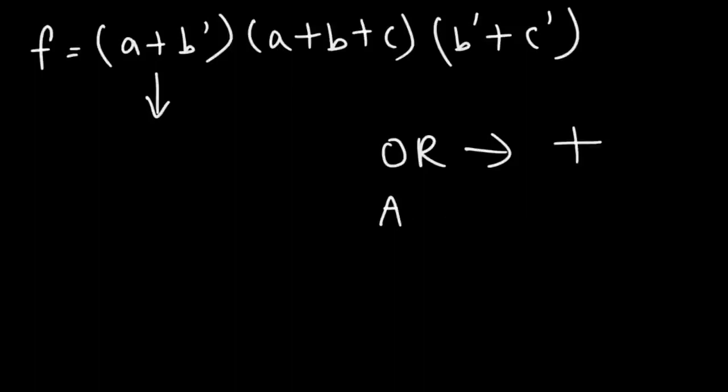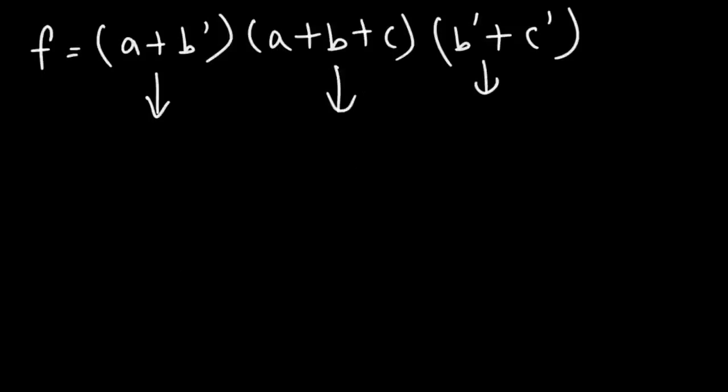So because we have a sum term, we're going to use an OR logic gate for each one. So we're going to need 3 OR gates, and we're going to feed these 3 OR gates into a single AND gate because we do have multiplication here.